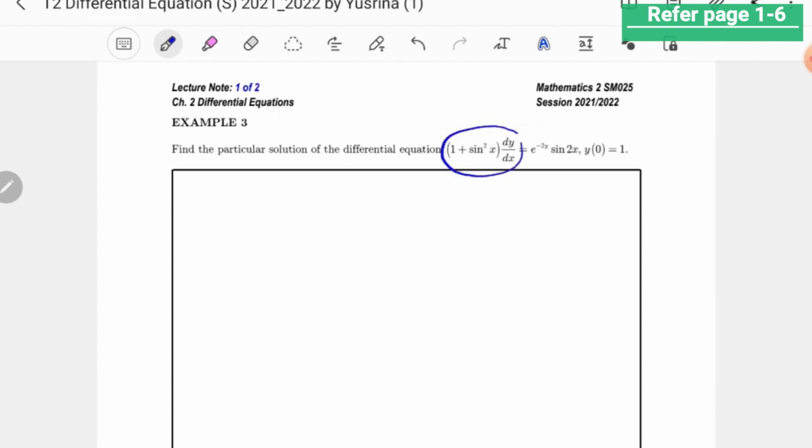We have 2 terms, so normally we can solve by using separable variable. So separate the variable first. We can separate e to the negative y. Make sure dy is in the numerator.